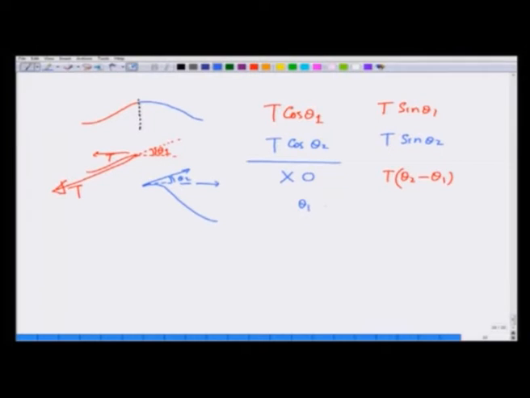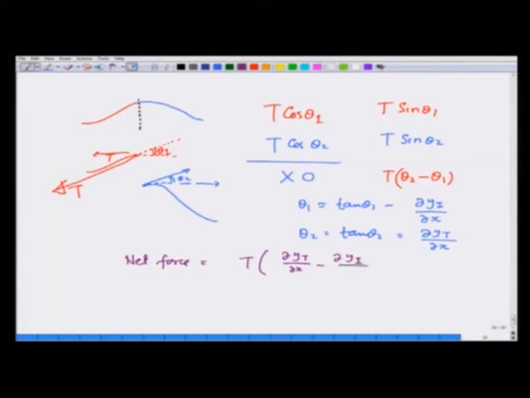Theta 1 is roughly the same as tan theta 1, which is d y incident by d x. Similarly, theta 2 is tan theta 2, which is d y transmitted over d x. And therefore, the net force is going to be T times d y transmitted over d x minus d y incident over d x.